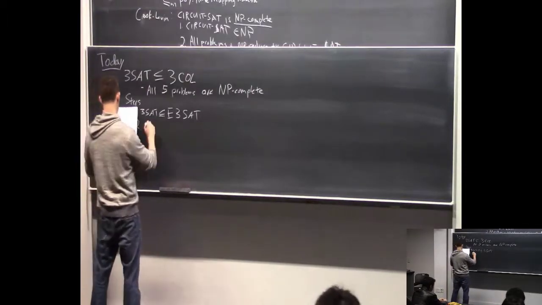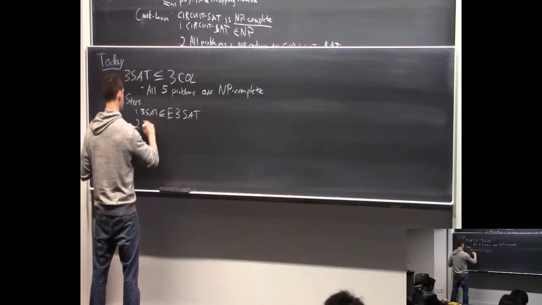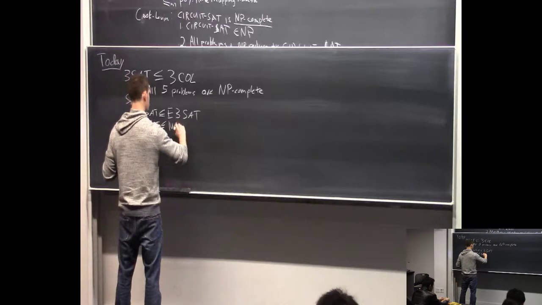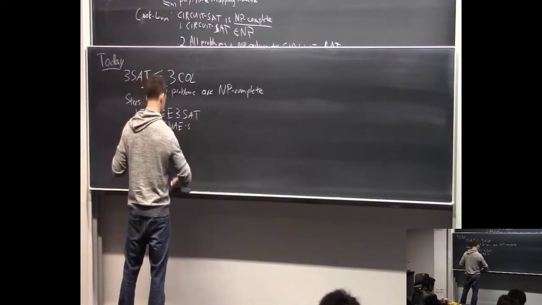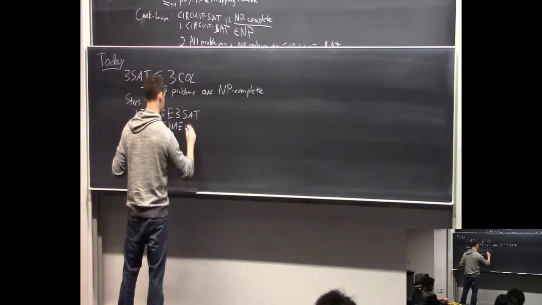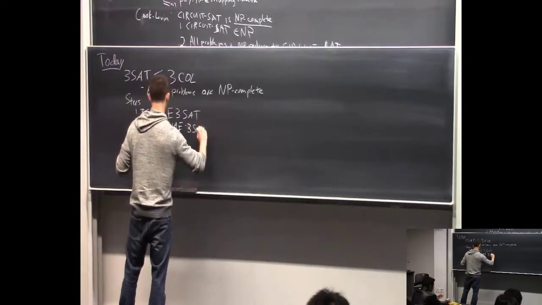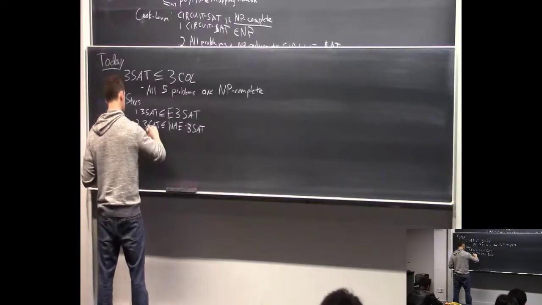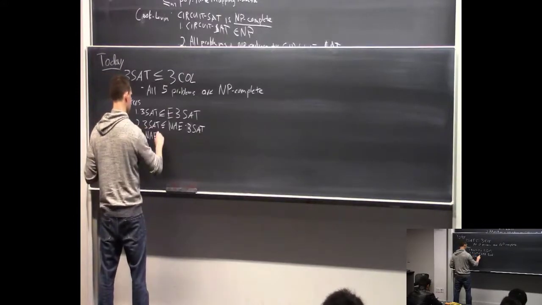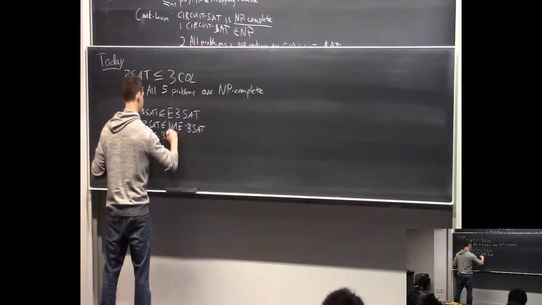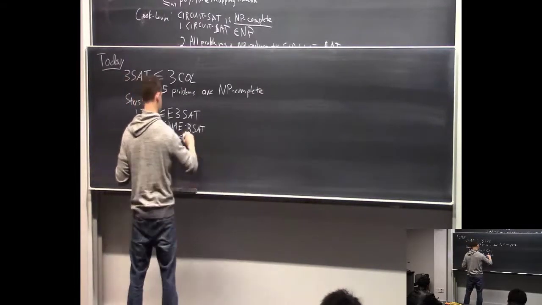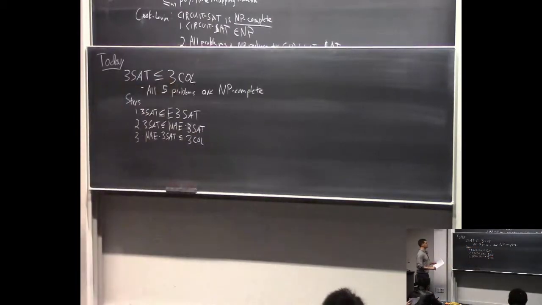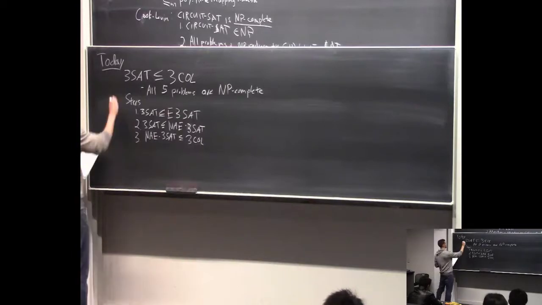Then we're going to show that NAE-3-SAT, not-all-equal 3-SAT, which I'll define more when we get there, reduces to 3-SAT, and then we'll show that 3-coloring reduces to NAE-3-SAT. So that's how that's going to go.